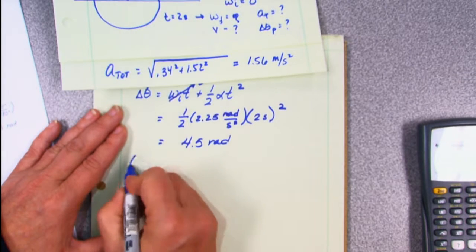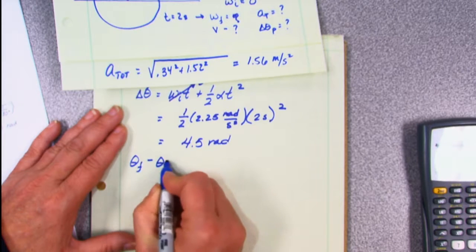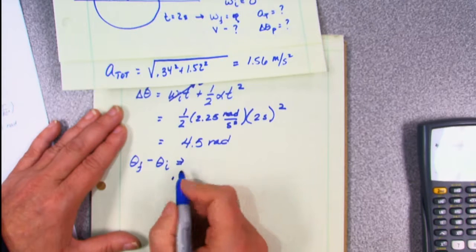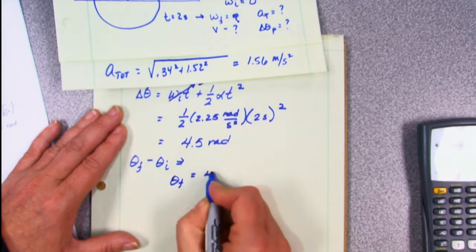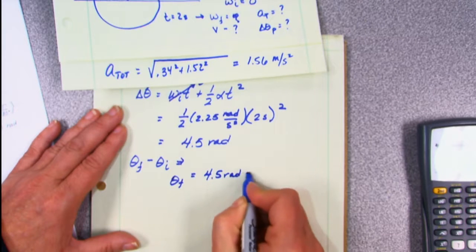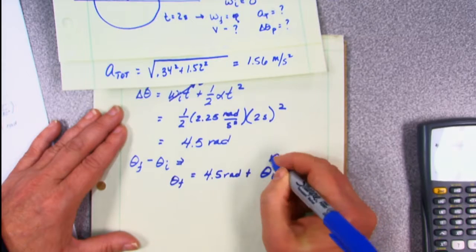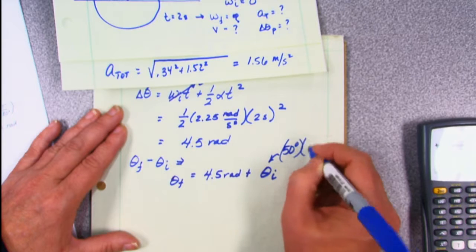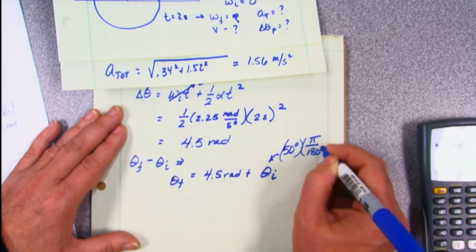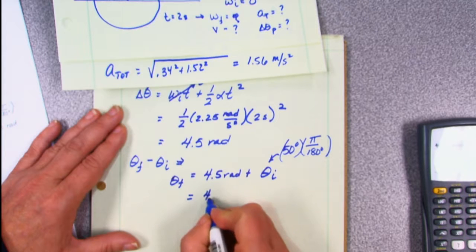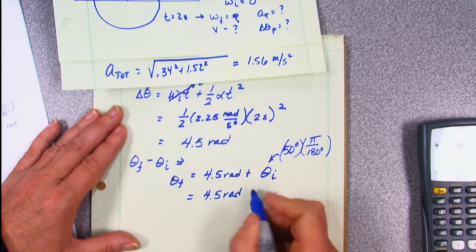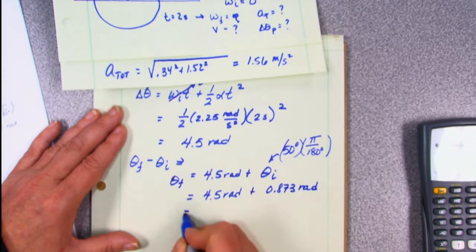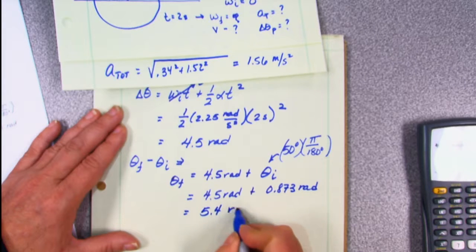But that's my angle final minus my angle initial, and now I have to get my angle final. It's going to equal my 4.5 radians plus my initial angle, and we said that was 50 degrees, so I have to convert it. Times pi over 180 degrees gives me 4.5 radians plus 0.873 radians for a total of 5.4 radians.